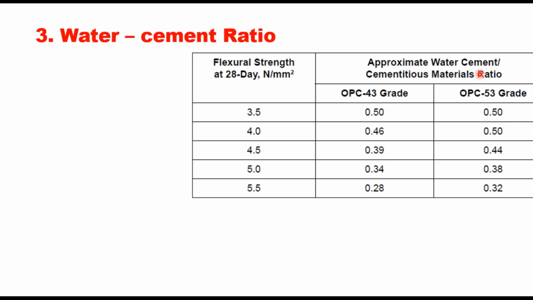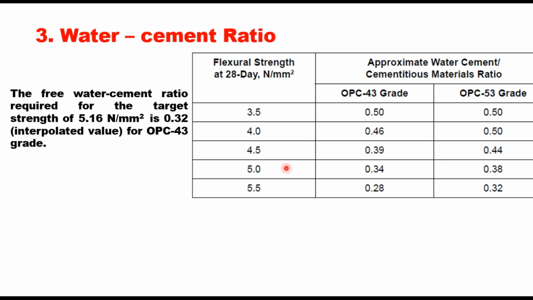Now, this table, which is given in the IRC code, can be used as a guide to start the design. When you have the flexural strength at 28 days, 5 Newton per millimeter square, and for OPC 43 grade 0.34, for 5.5 it is 0.28, and therefore for 5.16 you can interpolate these values, and that is 0.32 for OPC 43 grade.